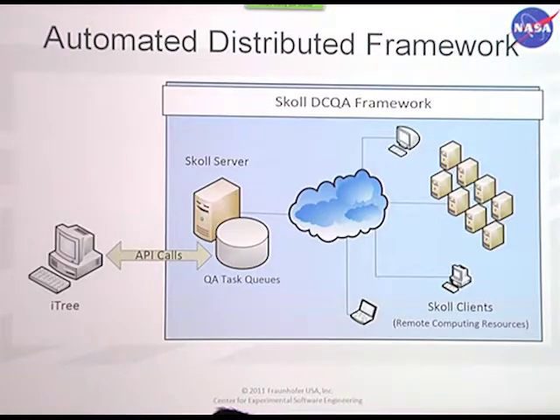This is a diagram of what the integration looks like. So you have the iTree here through API calls going into the server side. This API call is actually quite flexible. You can implement your own set of API calls to integrate with your own testing framework if you want to.